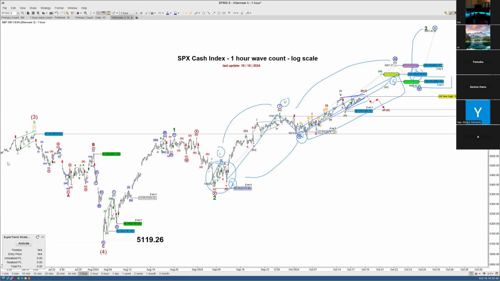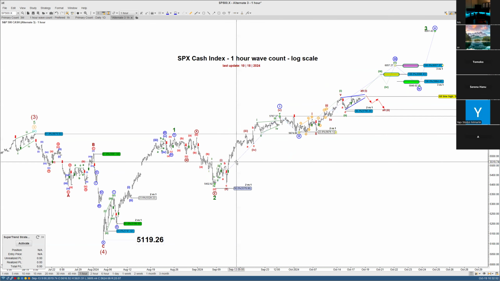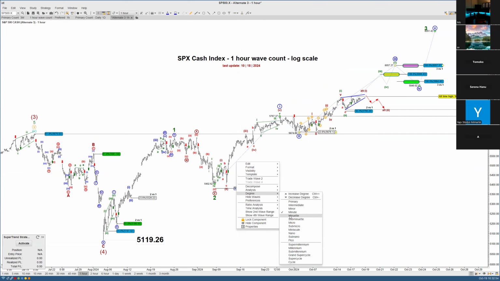The point here is that these are the most difficult and challenging waves to count, because I can show you this in so many different ways and you will be confused. I don't want to do that to anyone.